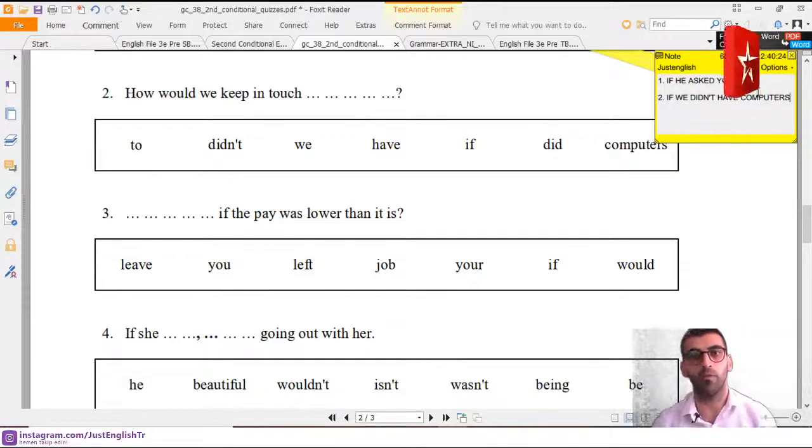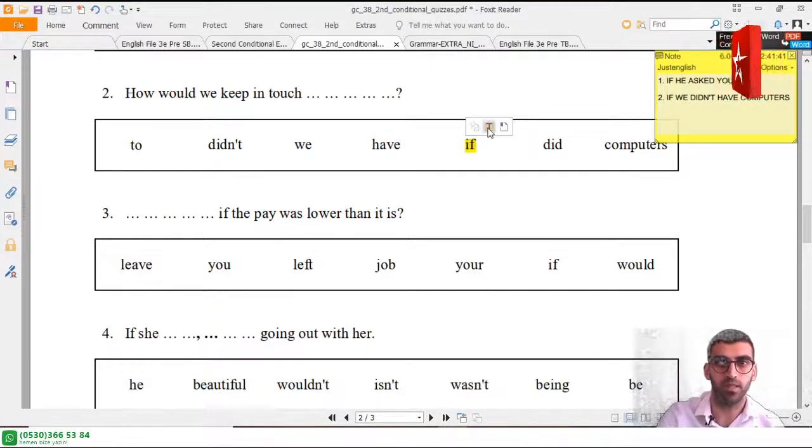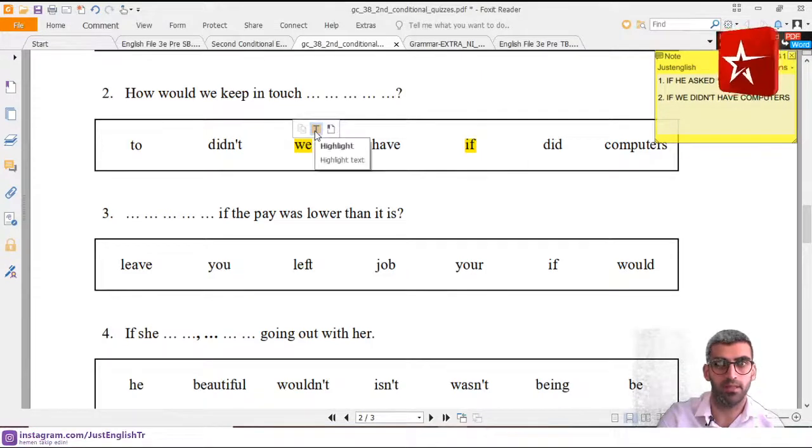1, 2, 3, 4, 5 words. Yes, guys, if we didn't have, yes, the past simple form we have to use, didn't have computers.